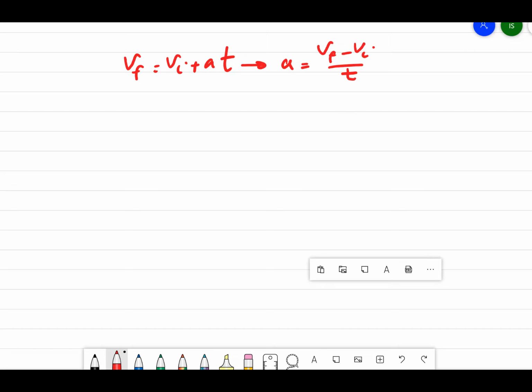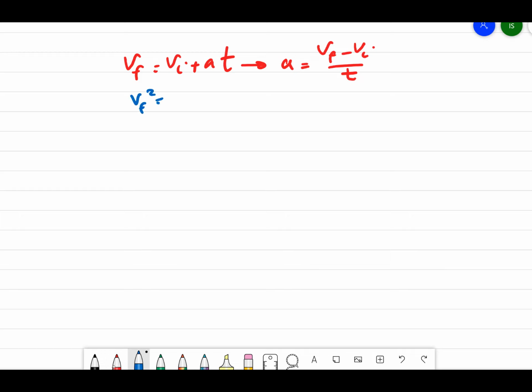People asked me to write the equations that I'm using, guys. You need to memorize the equations for motion in one dimension: v final equals v initial plus at, and you can convert it like that, a equals v final minus v initial over t, depending on what you need to calculate.